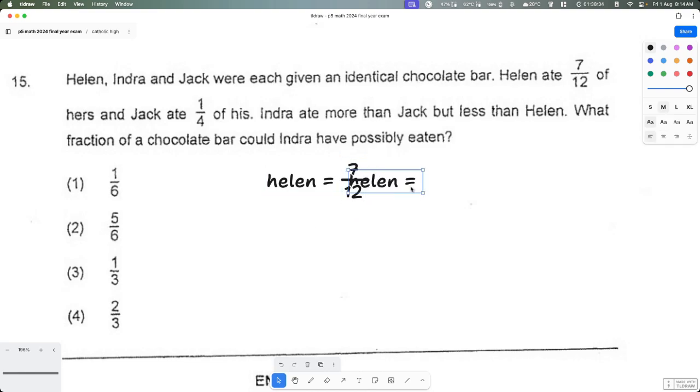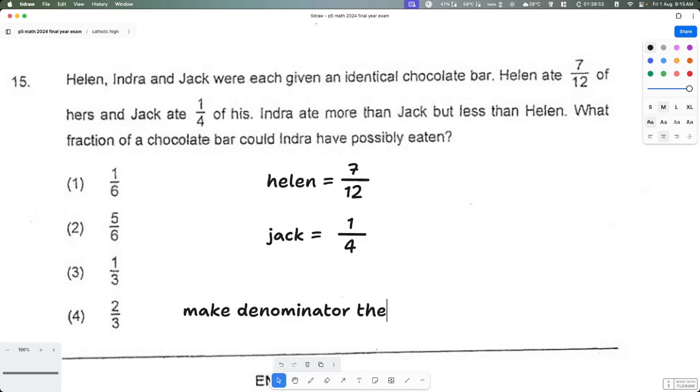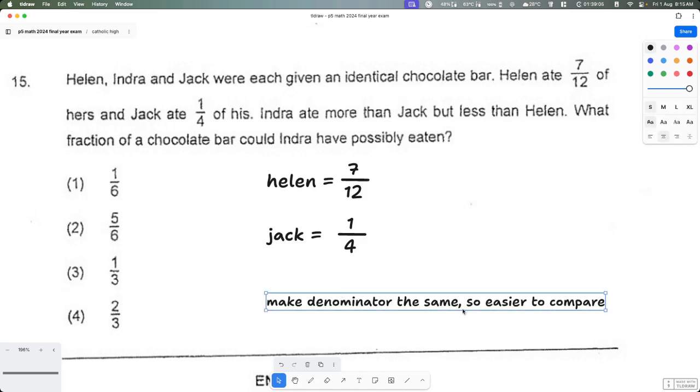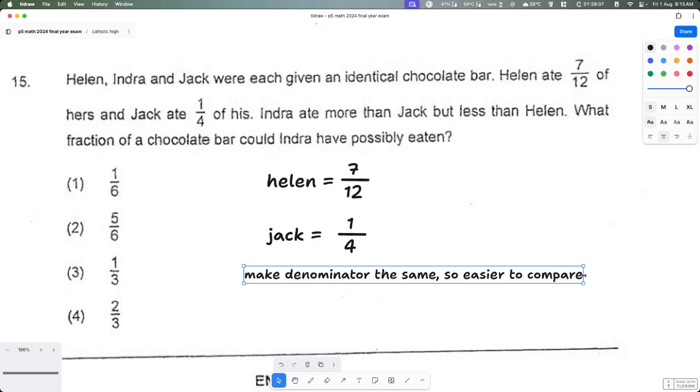And then Jack eats 1/4. So at the same time, not 7/12, but 1/4, right? So we want to make the denominator the same, so it's easier to compare, right?